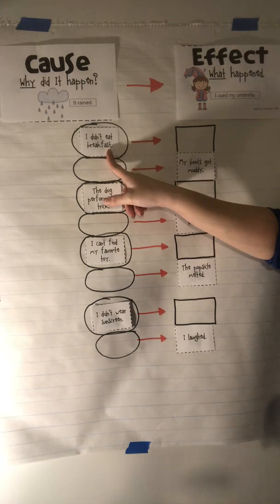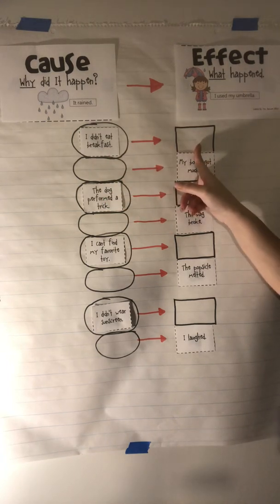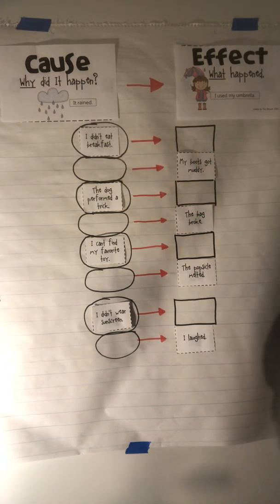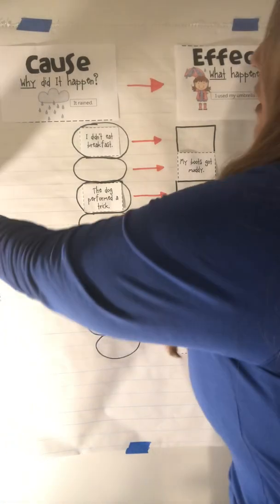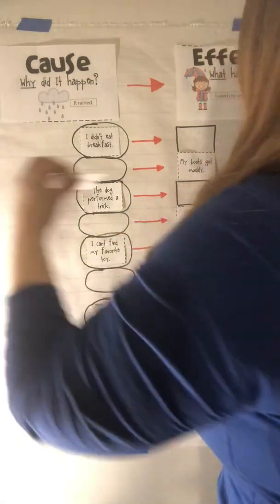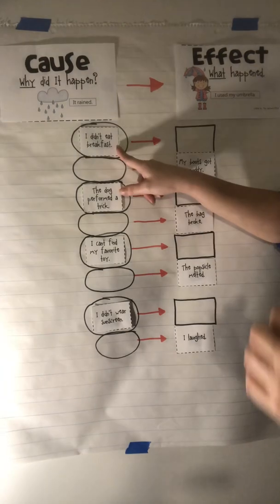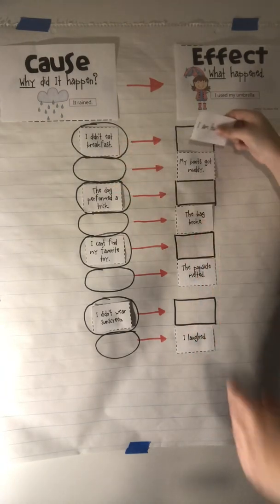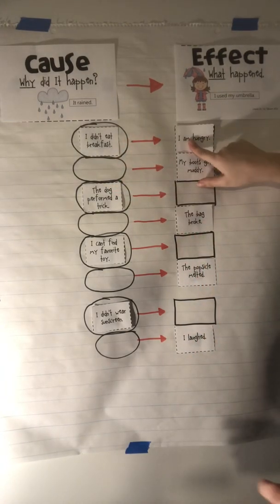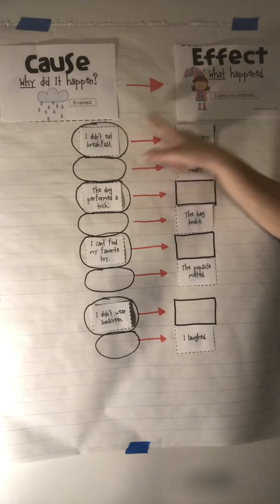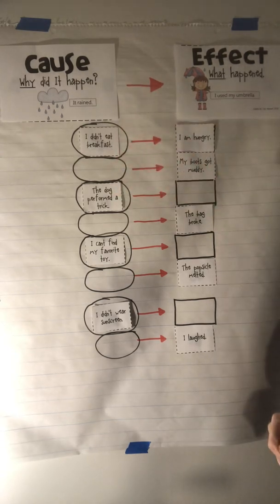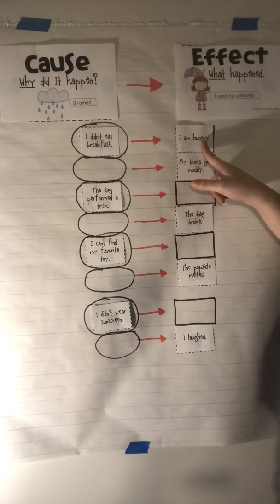If I didn't eat breakfast, then what's gonna happen is probably that I am hungry. So if the cause is I didn't eat breakfast, the effect is I'm hungry. What happened? I'm hungry because I didn't eat breakfast. So the cause, the effect.